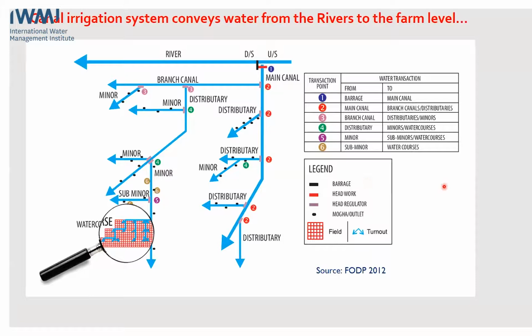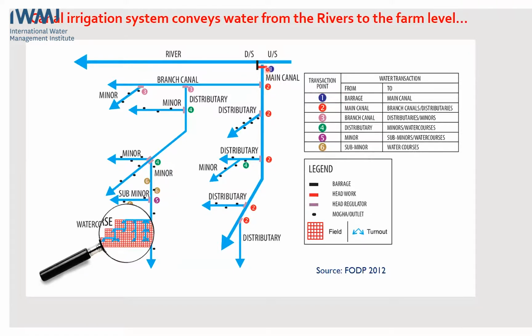In this slide, I will show you how the system works. It has relevance to the Indus telemetry because the Indus telemetry is meant for only one level of the system. The Indus River and tributary rivers are represented by this schematic, and these are the transaction points.